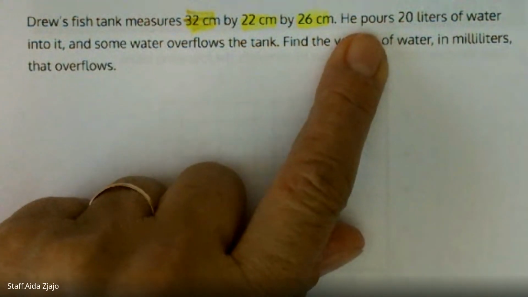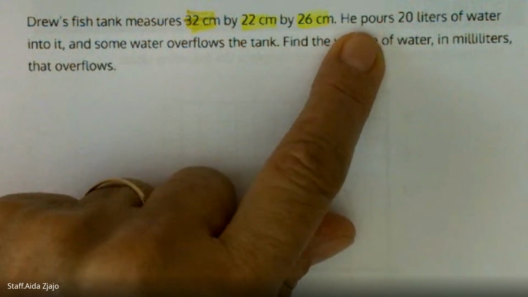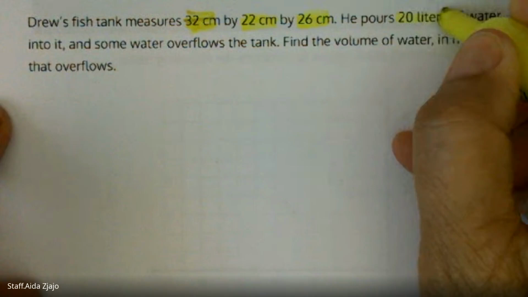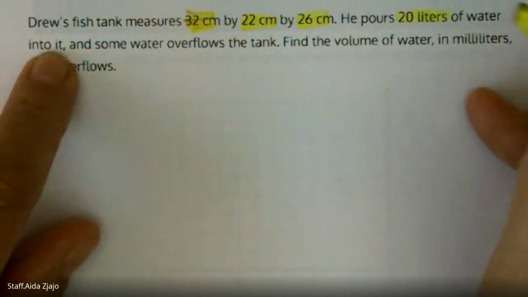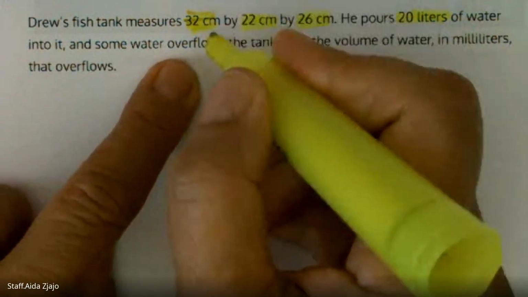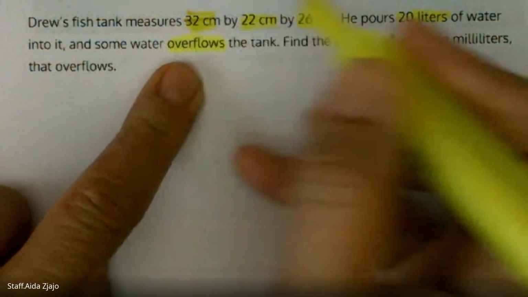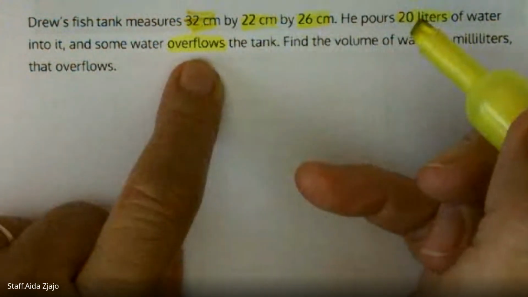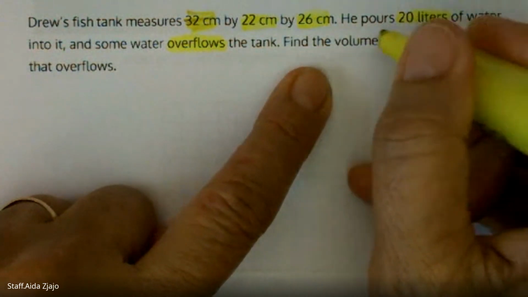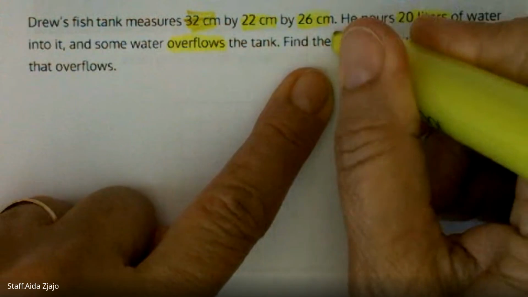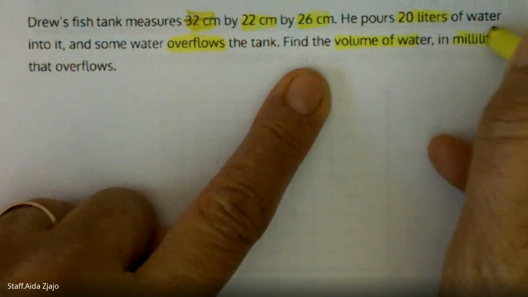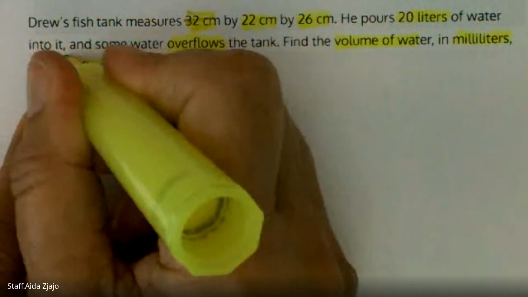He pours 20 liters of water into it, and some water overflows the tank. Find the volume of water in milliliters that overflows.